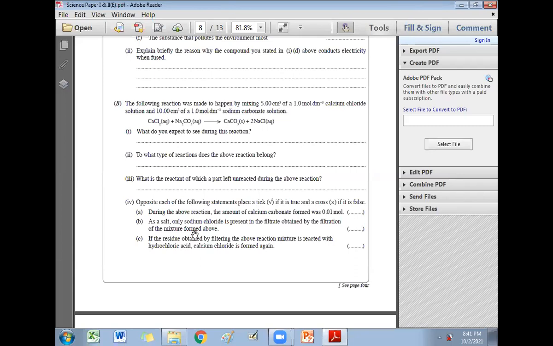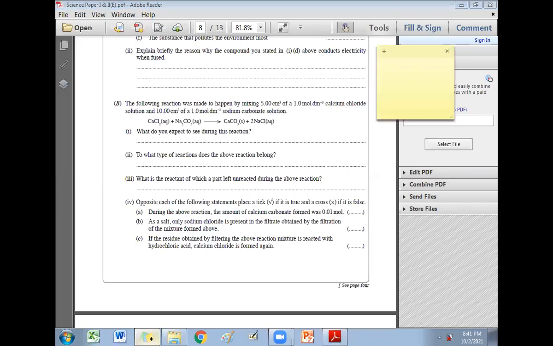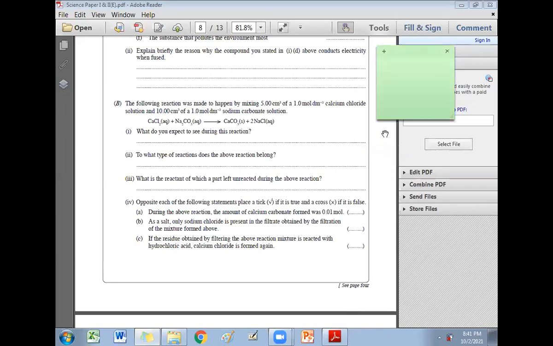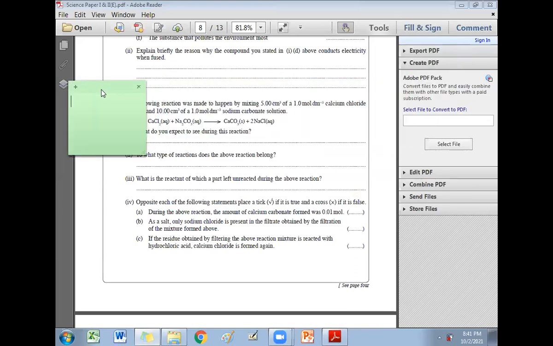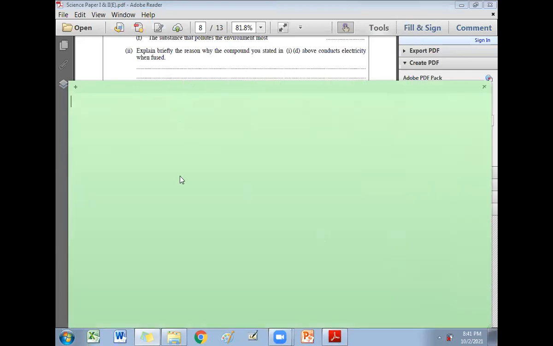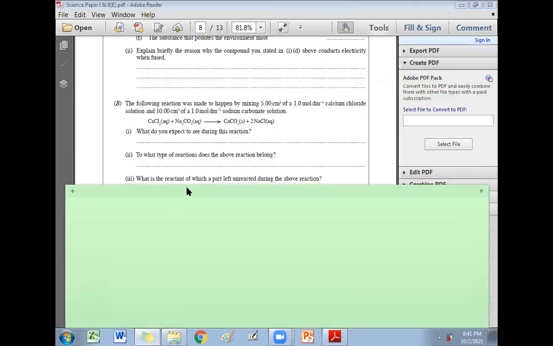The filtrate contains both calcium ions and carbonate and unreacted. Okay, please write everyone the reason for this. You can look at the answer for part 2, what type of reaction, and part 3, what is left behind. Unreacted sodium carbonate is left.